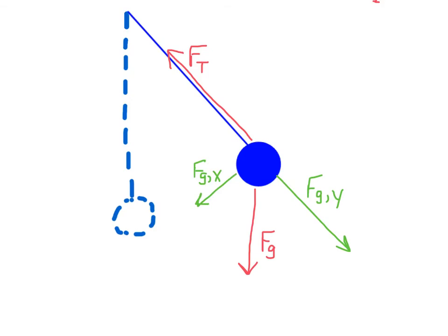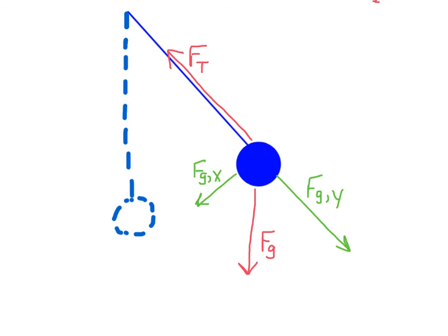Well, the same is true for a simple pendulum. The magnitude of that restoring force is at its maximum when the bob is at its maximum displacement. The magnitude of that restoring force is 0 here at equilibrium, and then it increases again until it reaches its maximum displacement over on this side of equilibrium.